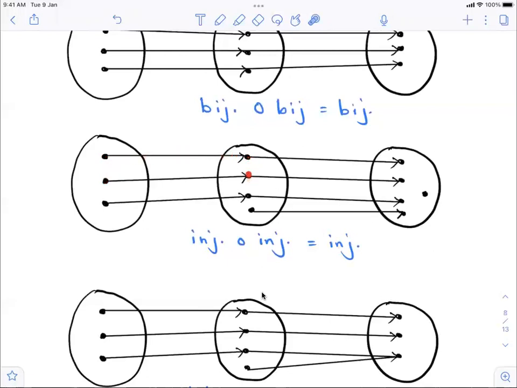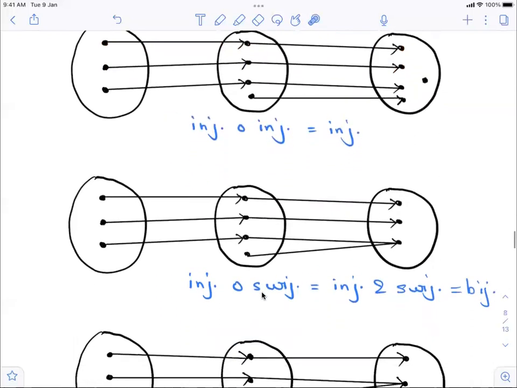These two outputs, on the other hand, are going to have two distinct outputs here in Z, because this map is also an injective map. So the initial two inputs will have two distinct outputs in Z, in this final set. So composition of two injectives always gives you an injective function.